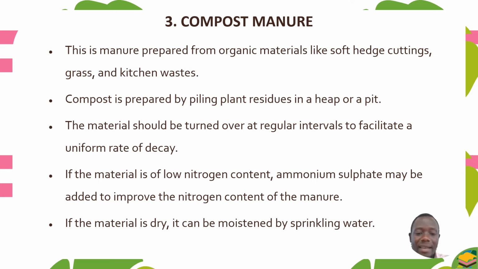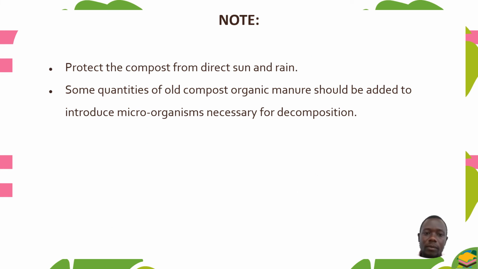If the material is dry, it can be moistened by sprinkling water. You can use sprinkling water to moisten the manure. If you add water, it means you are making favorable conditions for microorganisms to work. Therefore, it is advisable to sprinkle water if the material is dry. So take note, you have to protect compost manure from direct sunlight as well as rain.